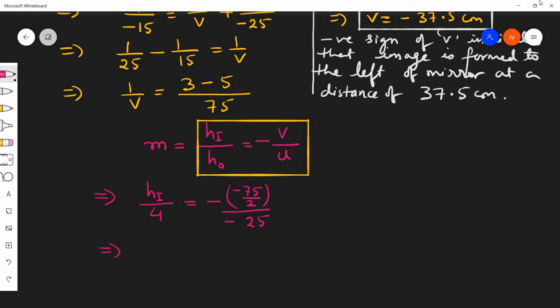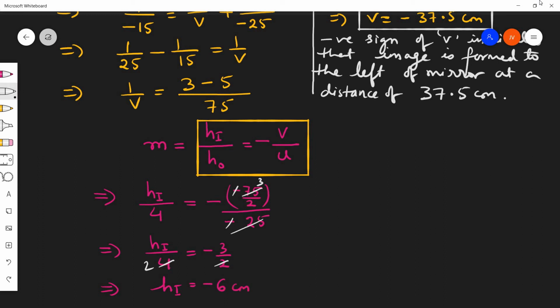So here we have hi by 4 is equal to, and then we have some simple cancellation. This minus we can cancel, and this 25 goes into this 75 three times. So we have minus 3 by 2, and then one more simple cancellation. 2 goes here, and then on cross multiplication we have hi, which is 2 times minus 3, that is minus 6, and it should be in centimeter.